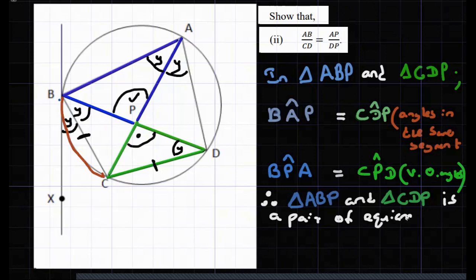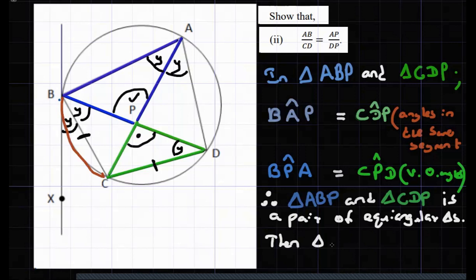All right, so we said to our examiner, we know these two triangles are equiangular triangles. Now we'll tell our examiner that we know if two triangles are equiangular, they're definitely similar too. Hence, you can say hence or therefore, or then, whatever you like.